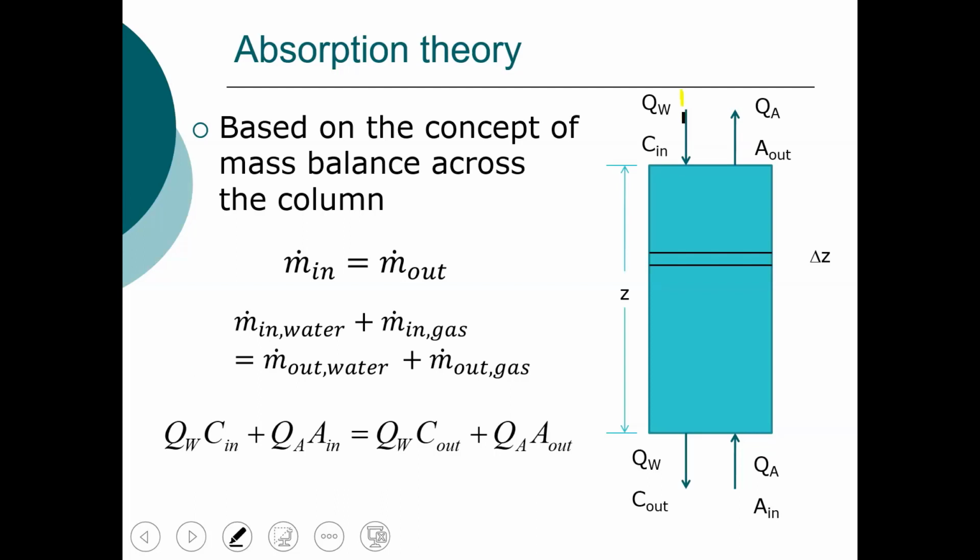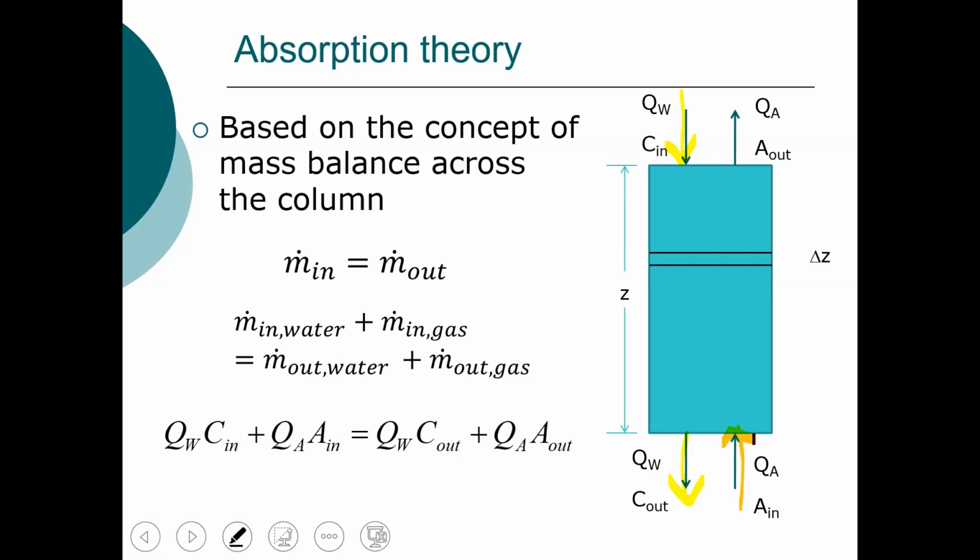So we have water flowing down. It's more efficient to do it that way. And we have flow of water at the bottom. Okay, so we have a C in the water and a C out in the water. We have air flowing upward.